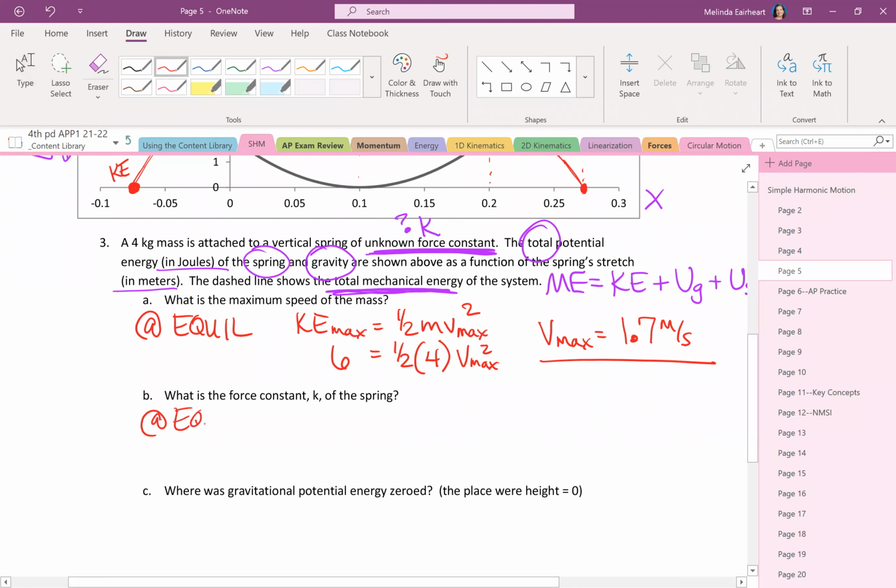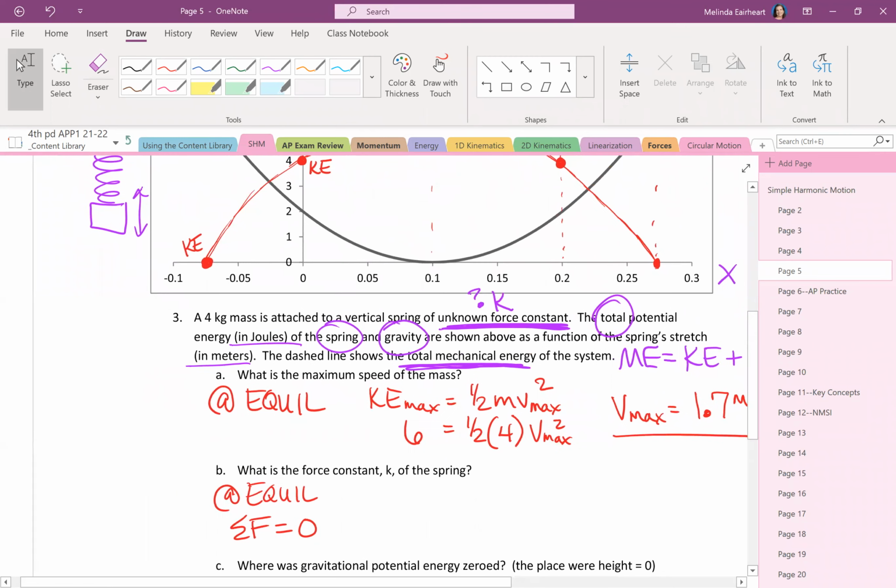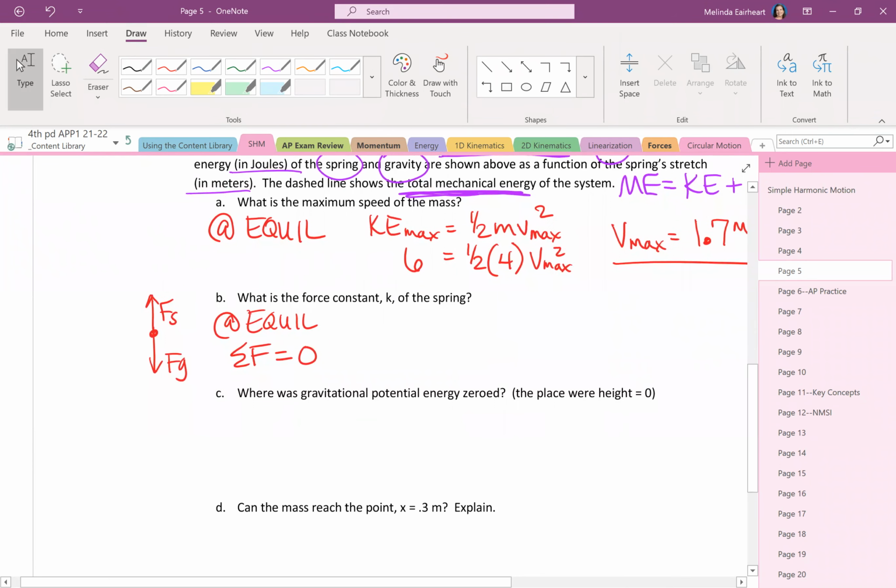So at equilibrium, for a split second, this is not constant, but for a split second, the net force on the object is 0. Well, again, your picture, you got a vertical spring with vertical gravity. Isn't there 2 forces acting on it? And for the net force to equal 0, those 2 forces have to equal or 0 out based on summing.